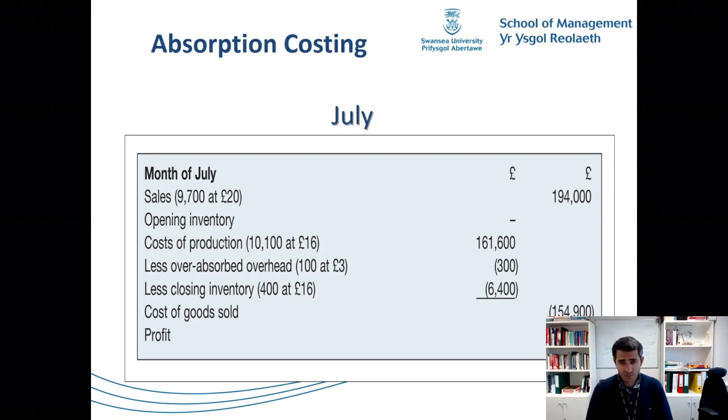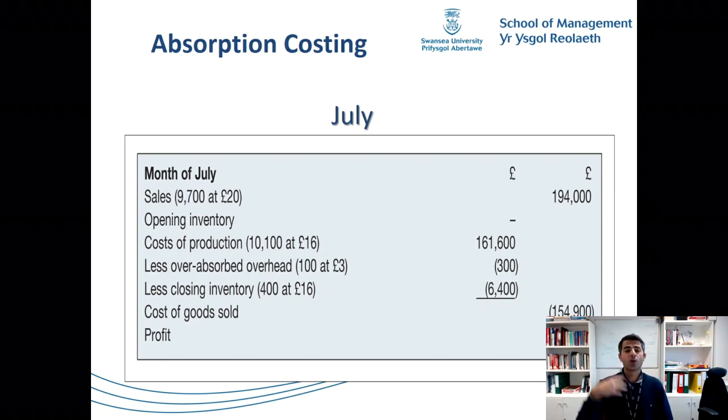No, of course not, because it's fixed cost. If you produce additional units, you don't pay extra cost on it as a fixed cost. And that's why we need to remove the 100 units times 3.